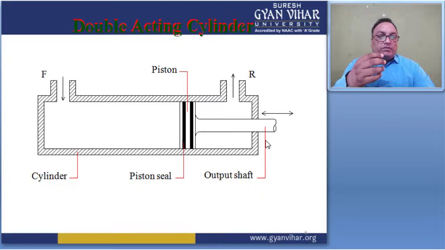So the movement is provided only by the action of the fluid, hydraulic fluid in the hydraulic case, or air in the case of a pneumatic cylinder, for the piston movement, right?